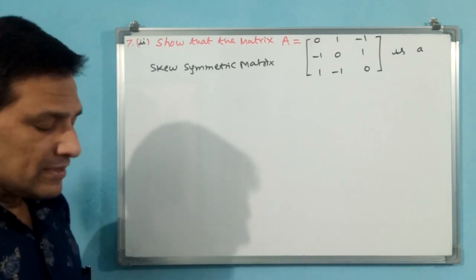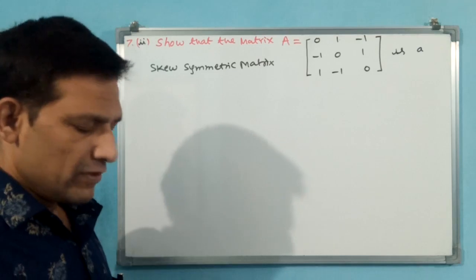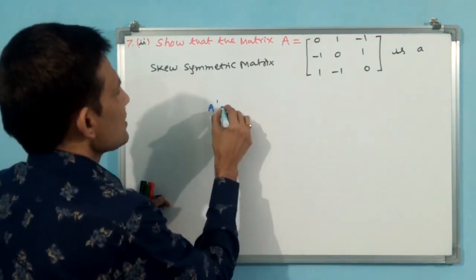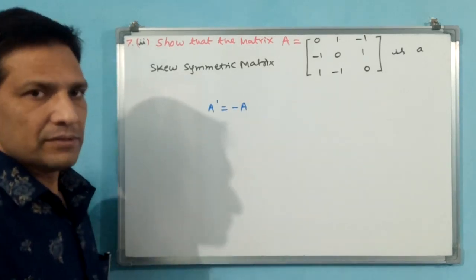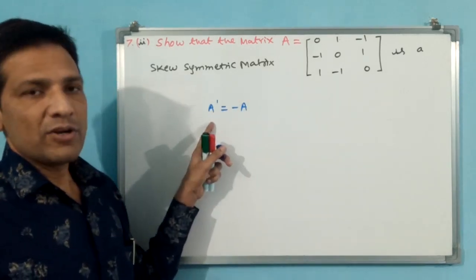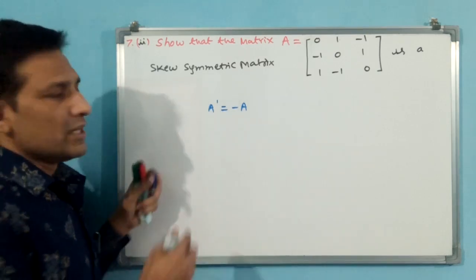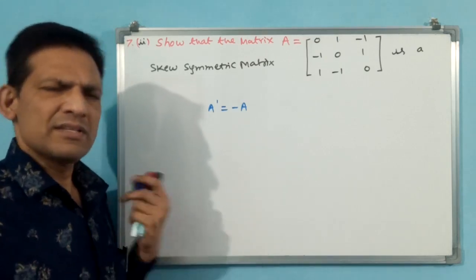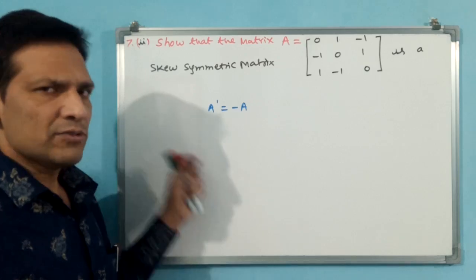The condition for a skew symmetric matrix is that after transpose, A transpose should become minus A, negative A. If A transpose is A, it is symmetric. If A transpose is negative A, that is skew symmetric.